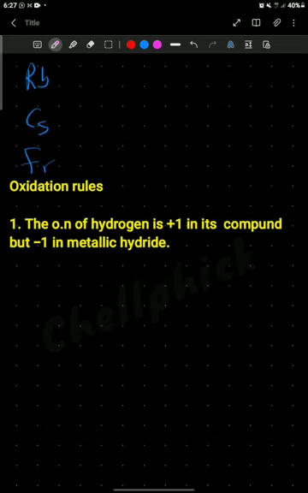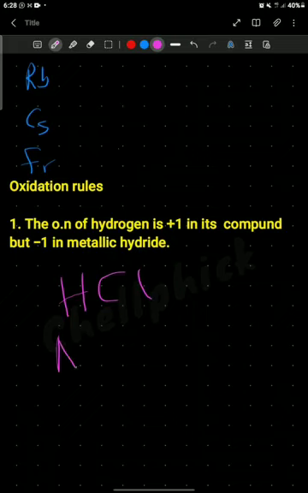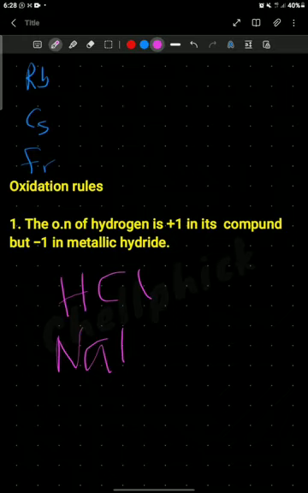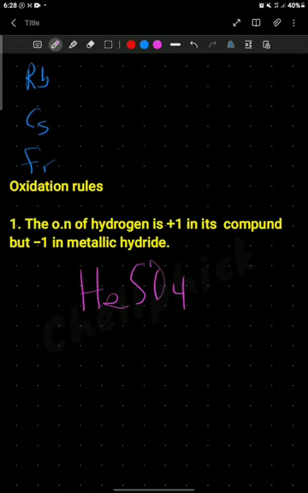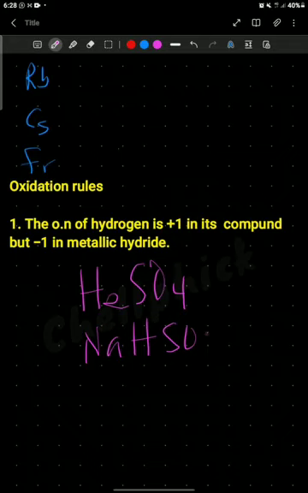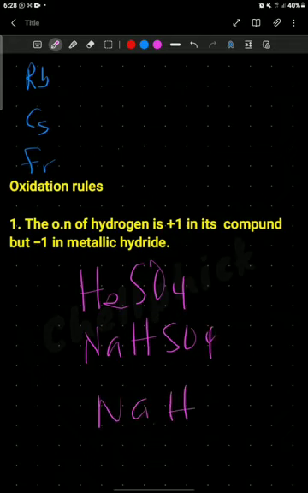So the oxidation number of hydrogen is +1 in its compounds. It means that in any compound where you have hydrogen, HCl, NaH, in fact this will be so good to use, H2SO4, NaHSO4, NaH.